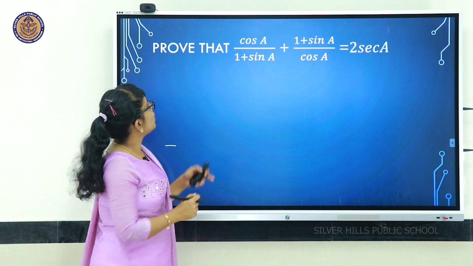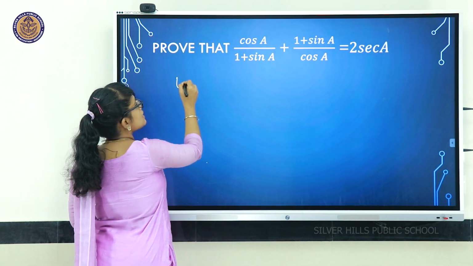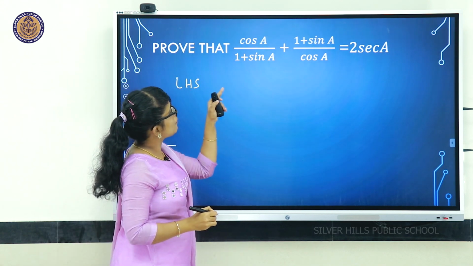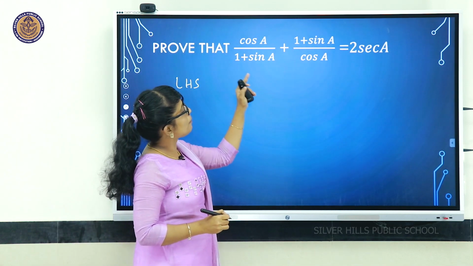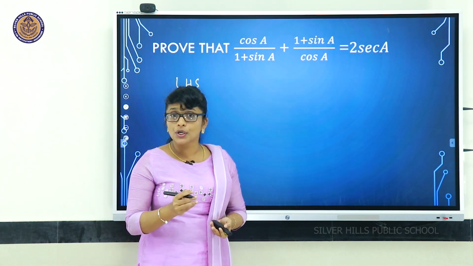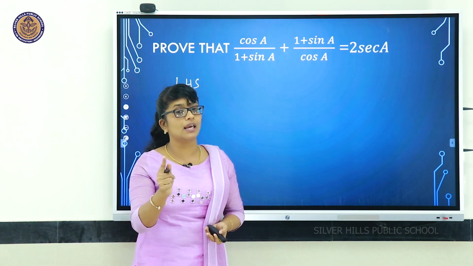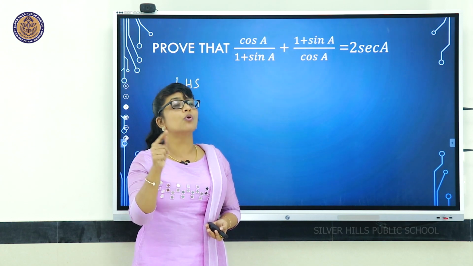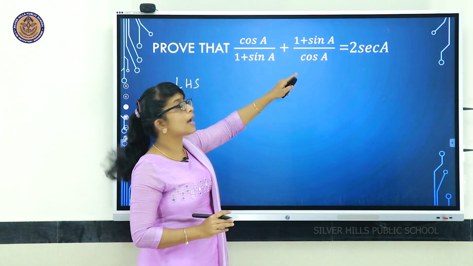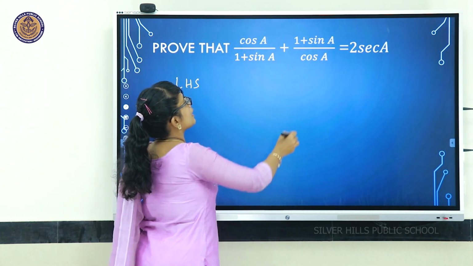Okay, so first we can consider LHS. Cos A by 1 plus sin A plus 1 plus sin A by cos A. I already told you should think logically and apply the most suitable method or equation. So here I am using cross multiplication.